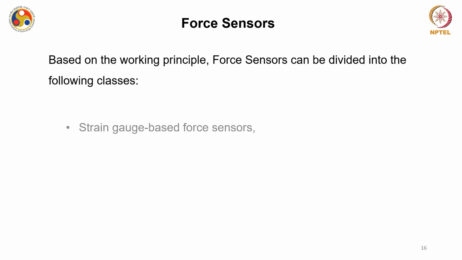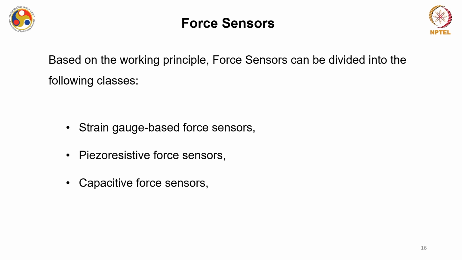Based on the working principle, force sensors can be classified under various heads. The first type of force sensors that we are going to discuss in this module is strain gauge based force sensors. However, they have certain limitations, so we will also study other kinds of force sensors like piezoresistive force sensors.